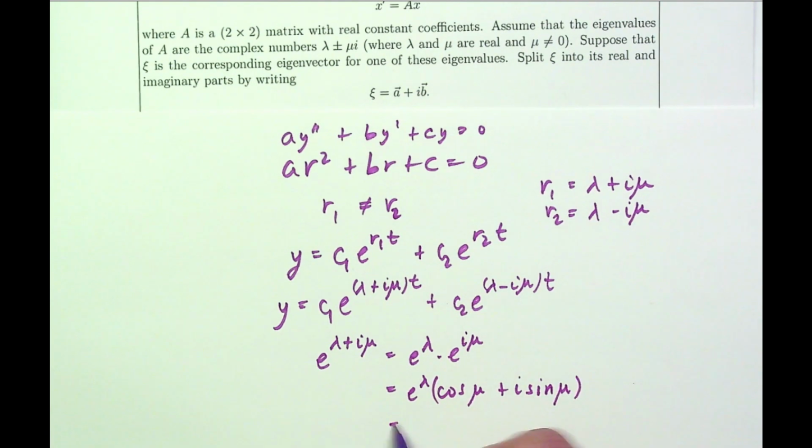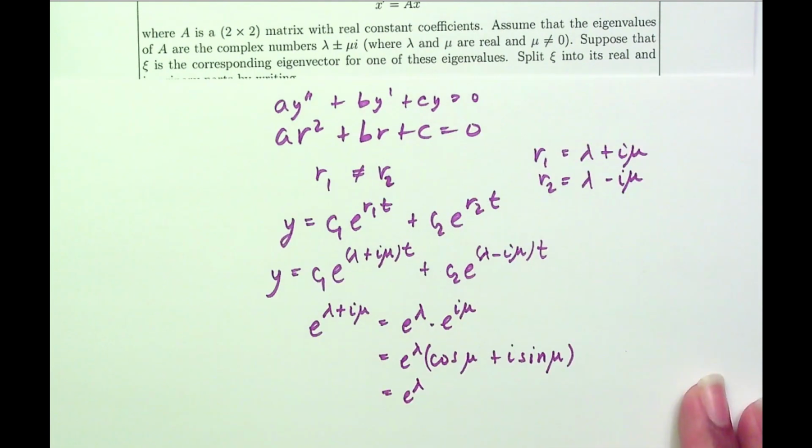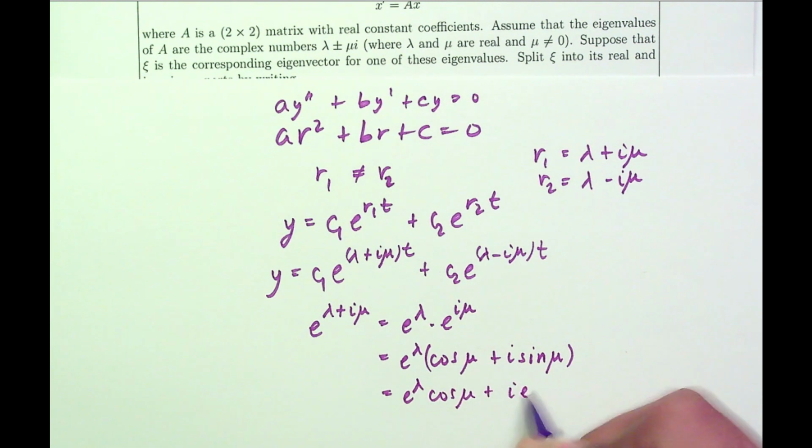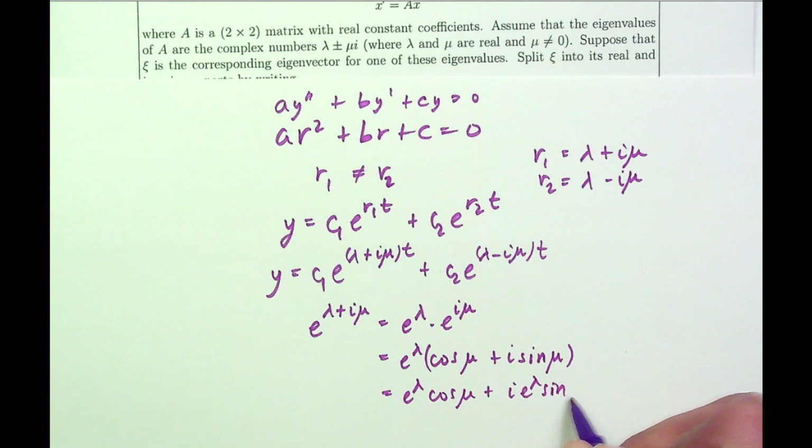So you could just write e to the lambda cosine of mu plus i e to the lambda sine of mu.